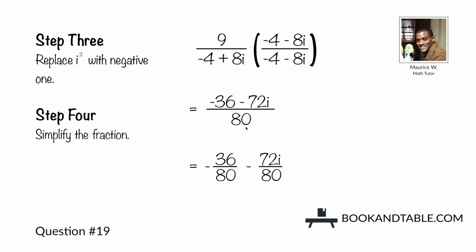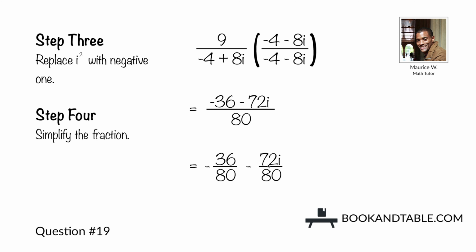So we'll first break it up into two fractions, our real number and our imaginary number. So that gives us -36 over 80 minus 72i over 80. And now we can simplify it even further by simplifying each of these fractions. If we divide the numerator and denominator in the first fraction here by 4, we get 9 over 20.